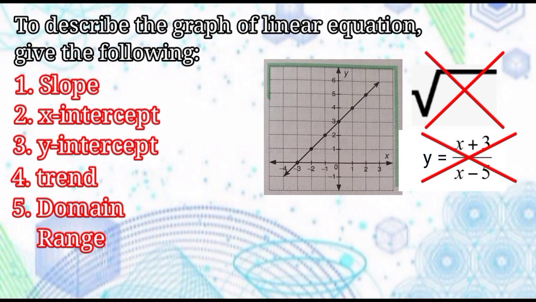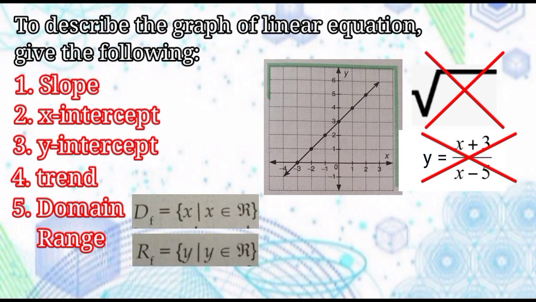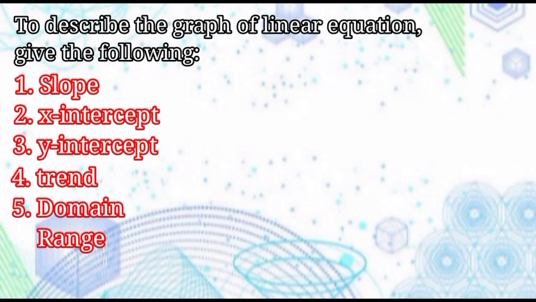In symbol, the domain of the function is the set of all x such that x is an element of the set of real numbers. The range of the function is the set of all y such that y is an element of the set of real numbers. Ito ang mga impormasyon na kailangan natin para ma-describe ang graph ng linear equation.